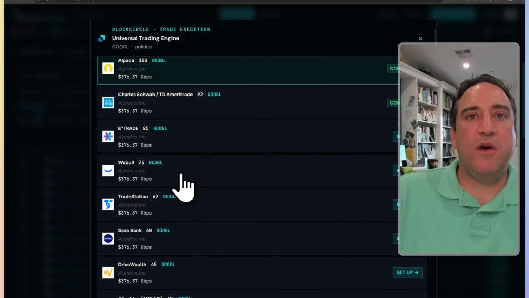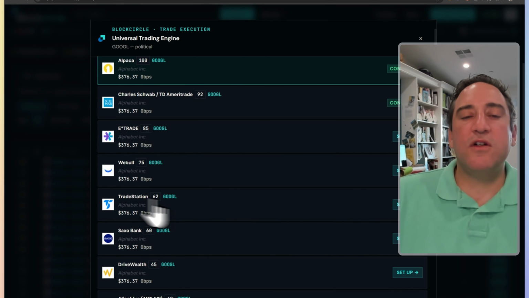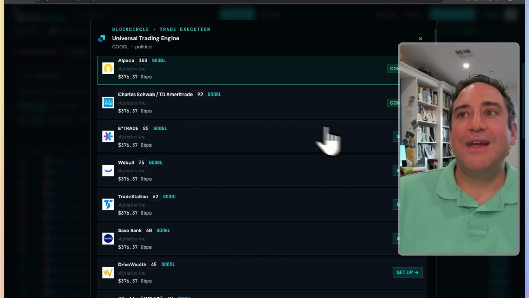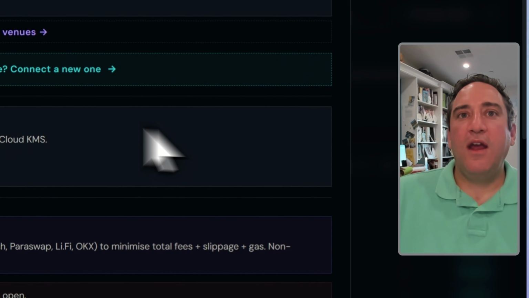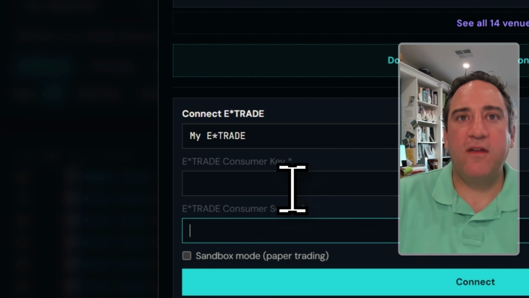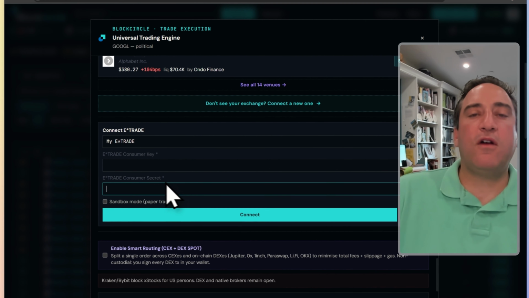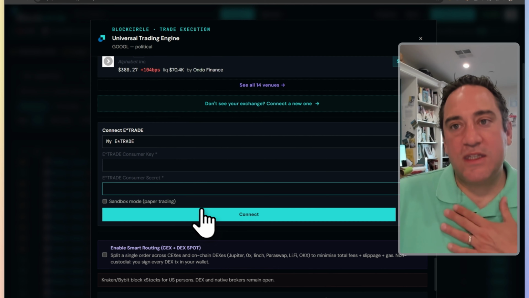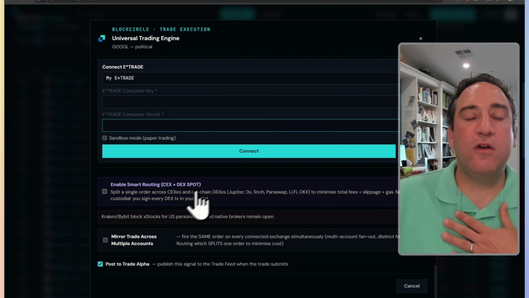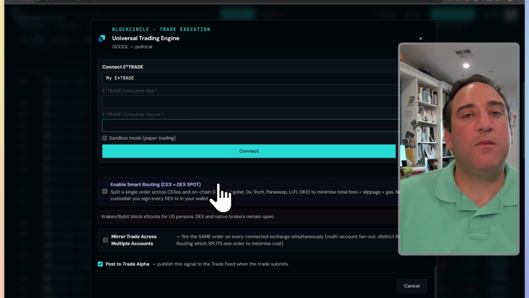So if you have an E-Trade, Webull or TradeStation account, all you would do is click setup, then click connect, and paste in your consumer key and your consumer secret. I don't see it again, so it's all completely protected by Google Cloud KMS, fully encrypted end to end.